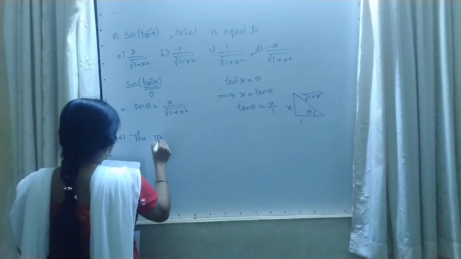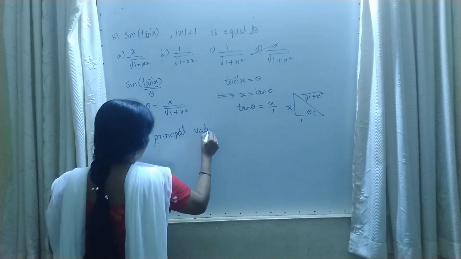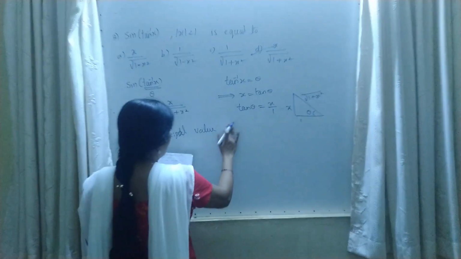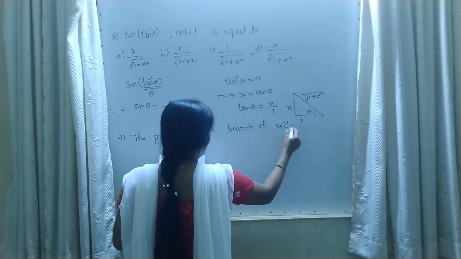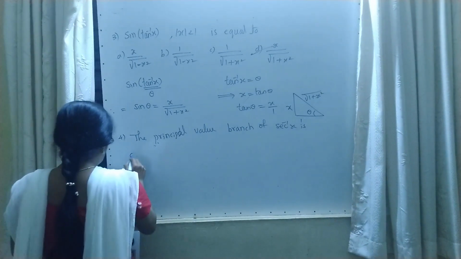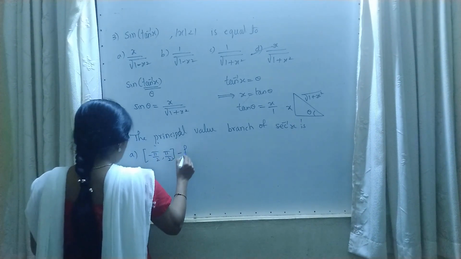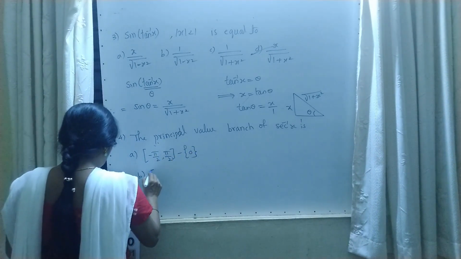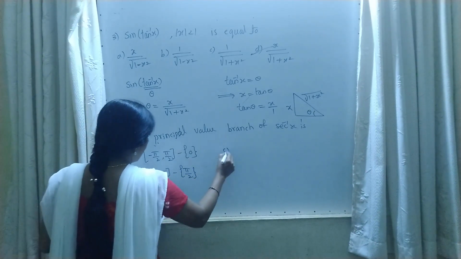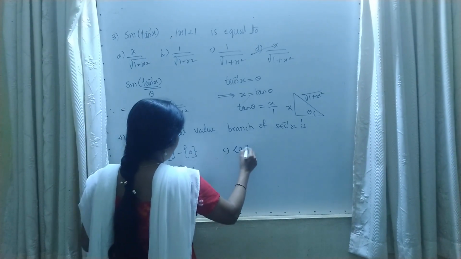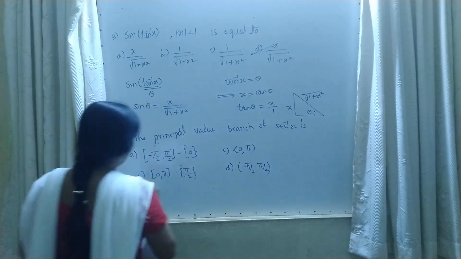Next, fourth one. The principal value branch of sec inverse x is: first option pi by 2 comma pi by 2 minus 0, 0 comma pi, and this is the standard result.